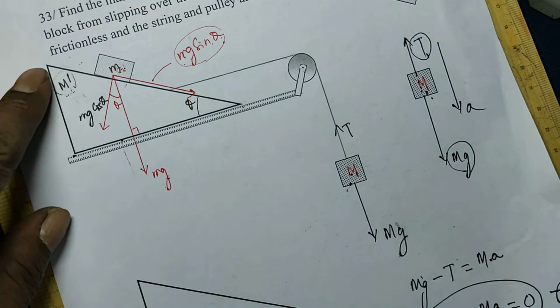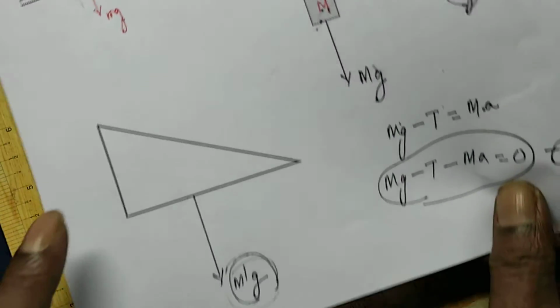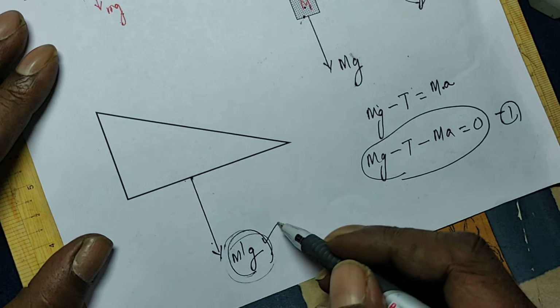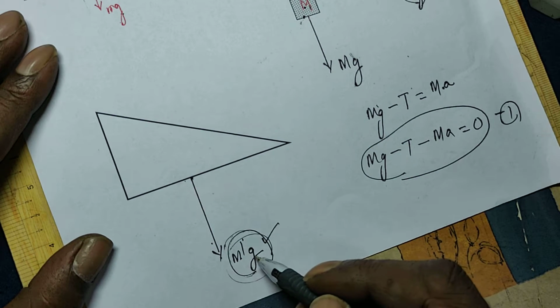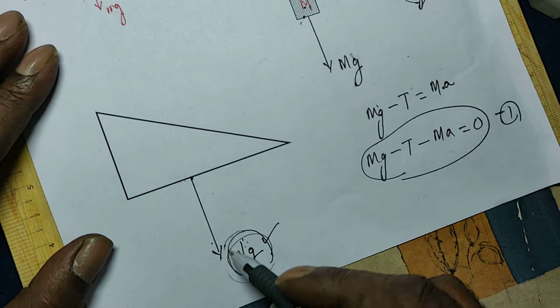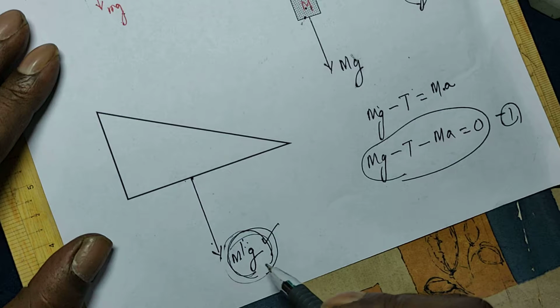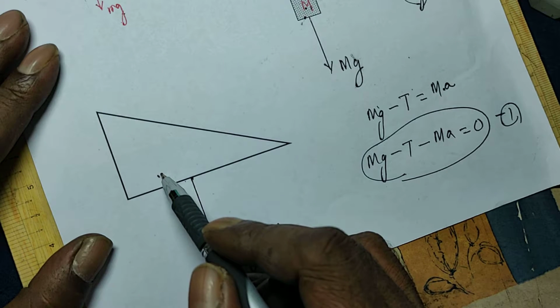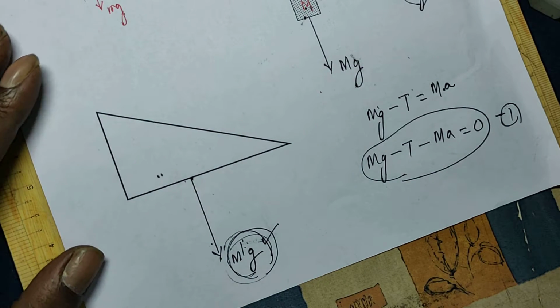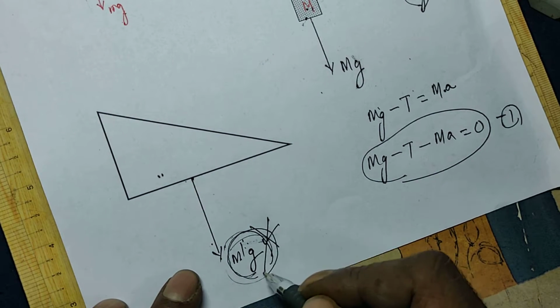This triangular wedge having mass m dash will have a force downward, its own weight, equal to m dash times g, since I have taken its mass as m dash. But this will not contribute to the motion of the wedge towards right, because it is vertical. So let us not consider it.